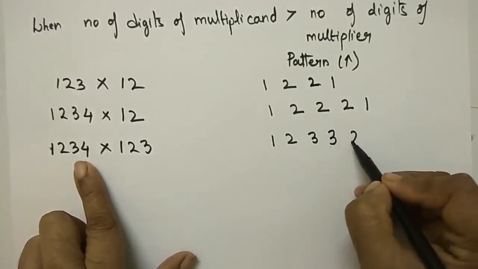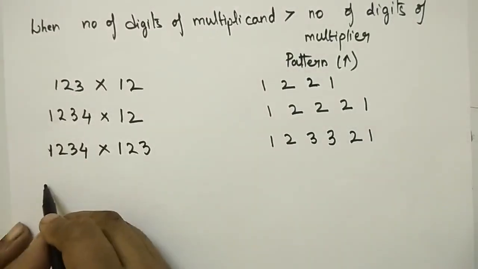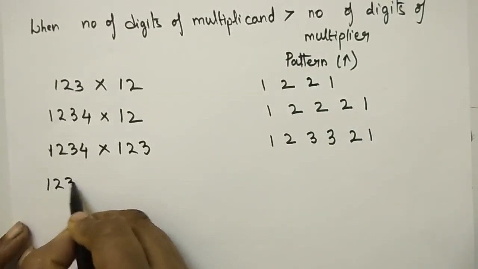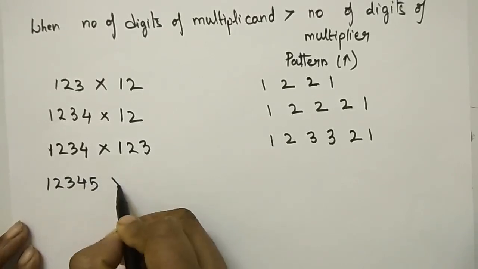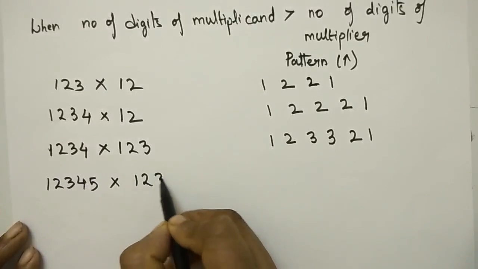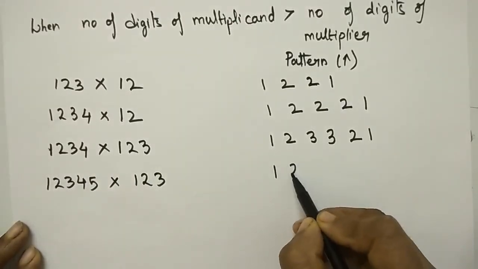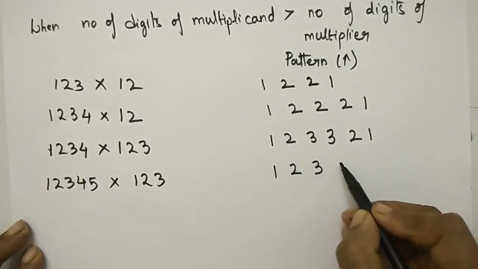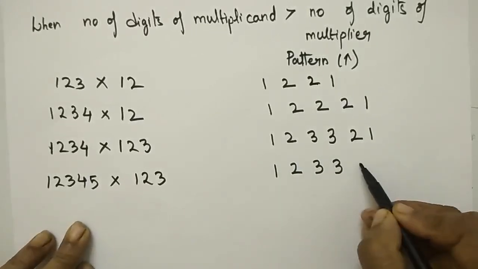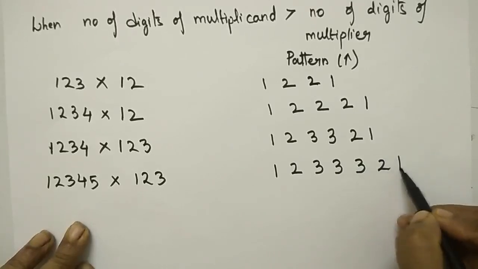And come back. 2, 1. Okay? If it is of 5 digits into 3, the pattern will be 1, 2, 3. In place of 4 write down 3. In place of 5 write down 3 and come back.